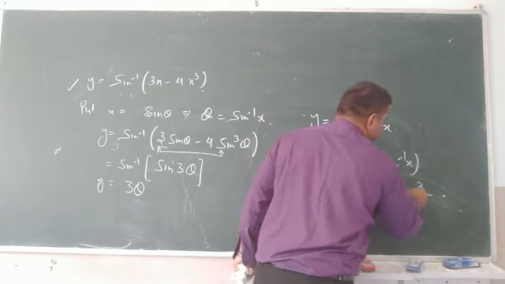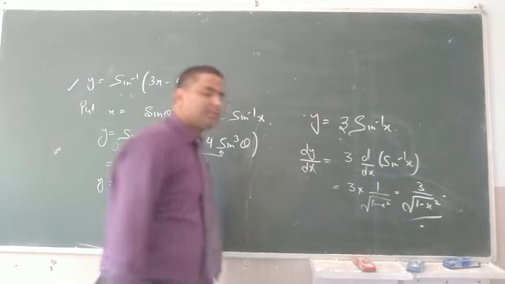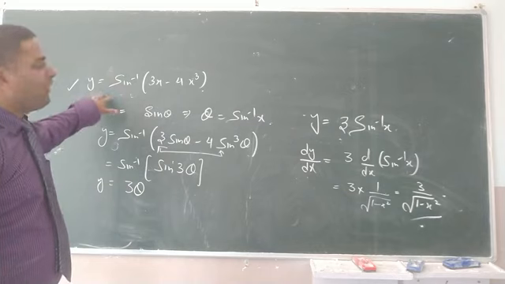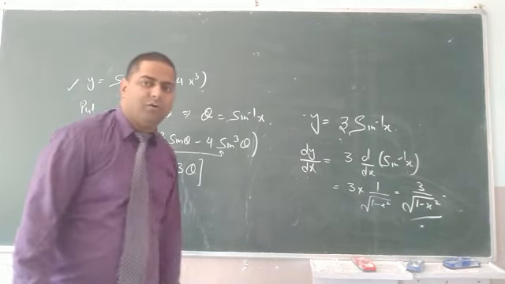So, the answer is 3 upon under root 1 minus x square. This is how to do the differentiation of y equals sine inverse of 3x minus 4x cube.